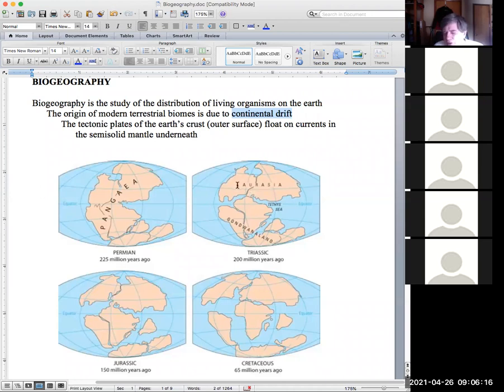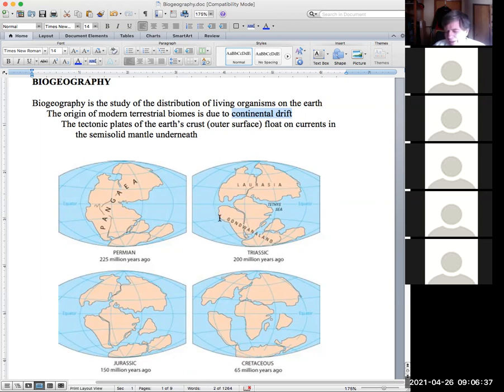They were divided into two large continents. One was called Laurasia, and you can probably tell by the name that Laurasia included Asia, but it also included Europe and the area that today we would call the Middle East, and also North America. And the second continent was Gondwanaland.